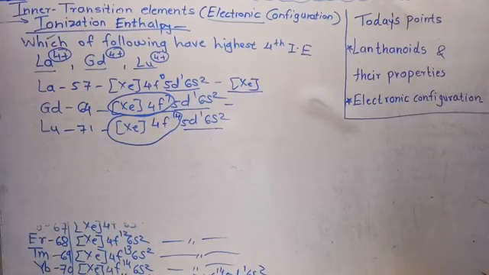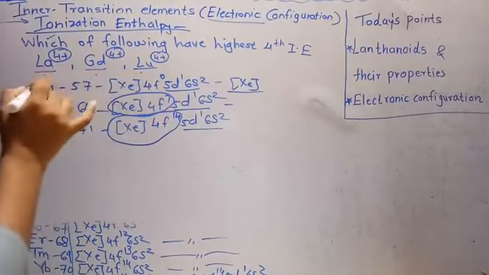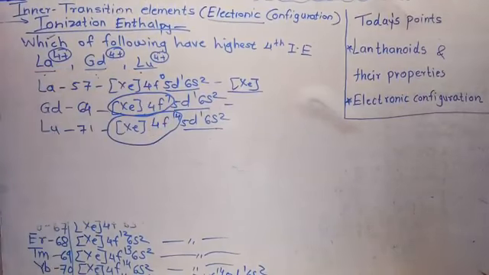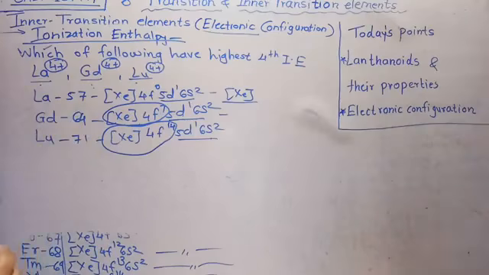That means all these 3 ions have high ionization enthalpies, requiring a high amount of energy to remove electrons from the outermost shell.